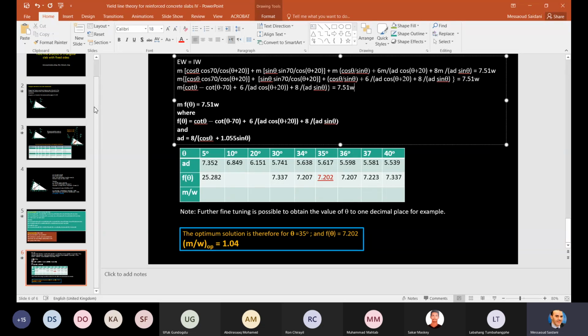Then you will have one question where you will be given a slab to analyze using yield line, and then there will be an example of plastic theory, which could be a beam or a frame, that you need to solve using plastic theory of structures.